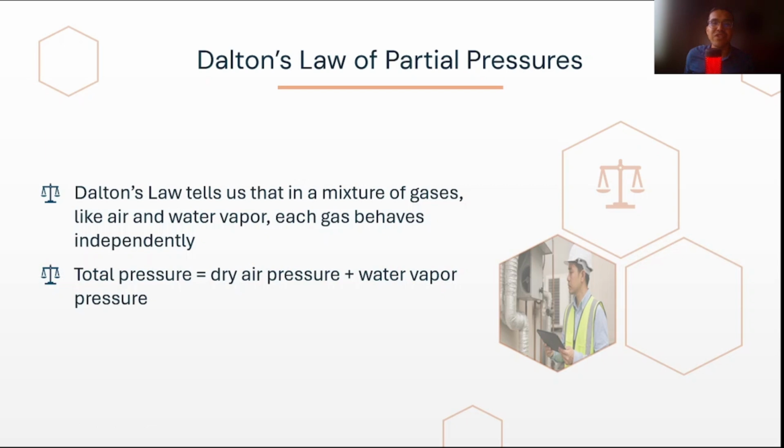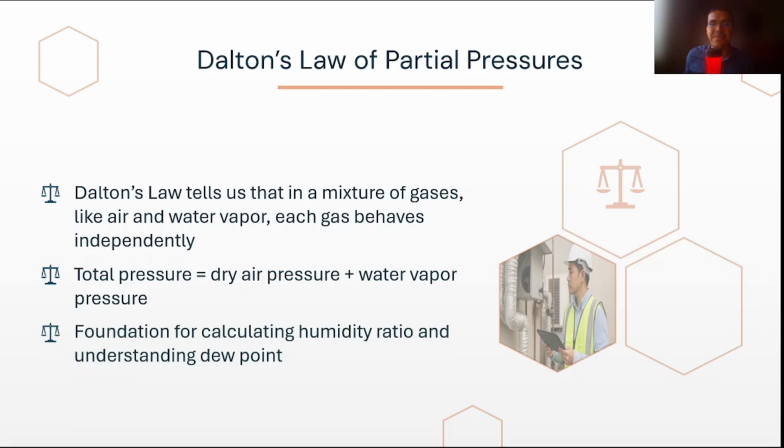We use it to determine two key properties. The humidity ratio, which tells us how much moisture the air contains, depends directly on the partial pressure of water vapor. We calculate it by comparing the vapor pressure to the dry air pressure using Dalton's law.